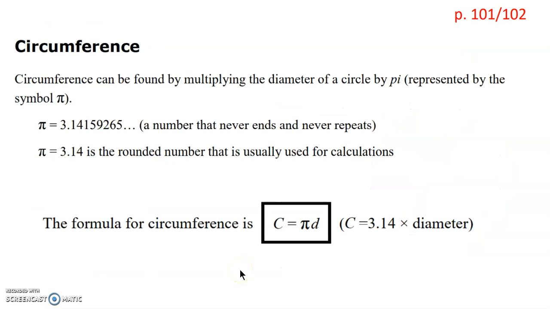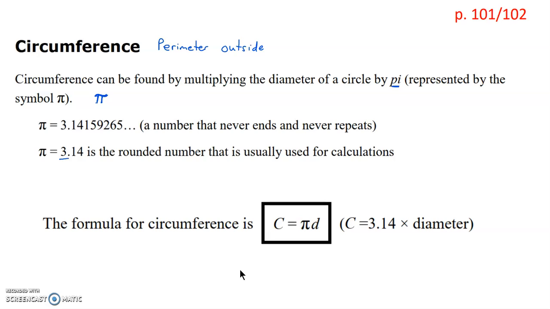So when we want to find the circumference, and remember circumference means the perimeter or the outside measurement, we're going to use pi. Pi is represented by this funny looking symbol, and pi is a decimal that never terminates and never repeats, so it's a really long decimal, and we don't want to put that big long decimal in our calculator, so what we do is round it.